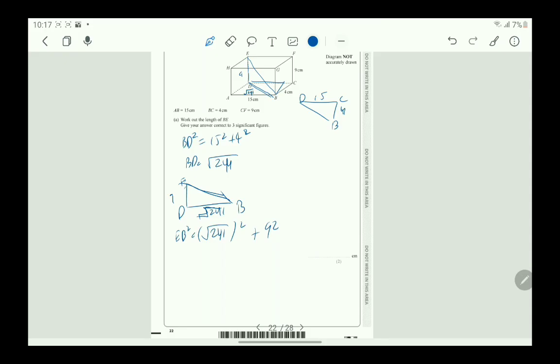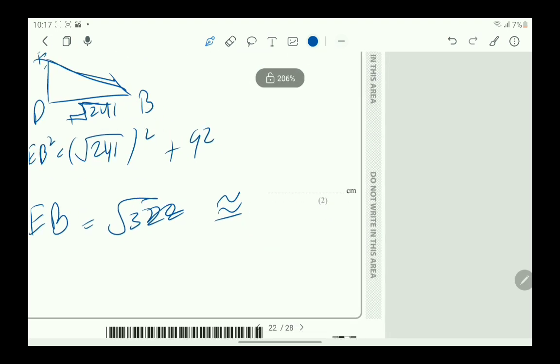Now solving this in a calculator, we get EB equals root 322, which is approximately 17.944.